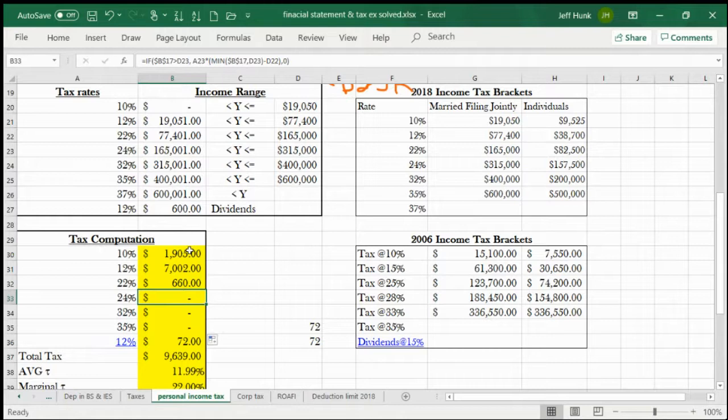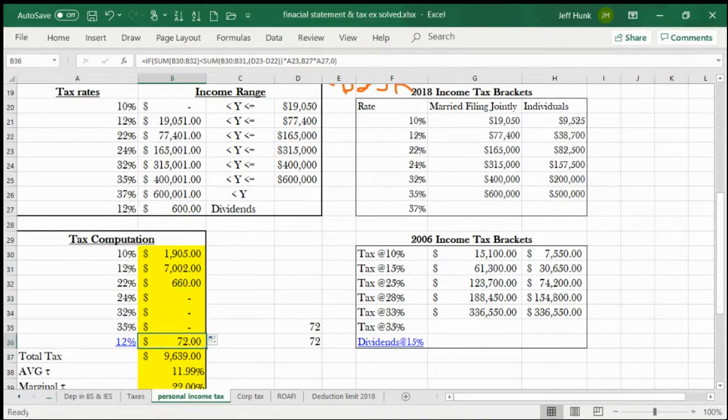There was a limitation in the IF command to handle three scenarios, because the IF command can handle only two scenarios. If this is greater than this, do this, or do that. But you cannot do this, do that, or do another. Cannot do that, right? So there was a limitation.